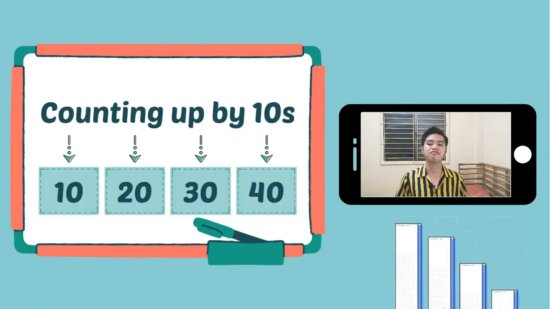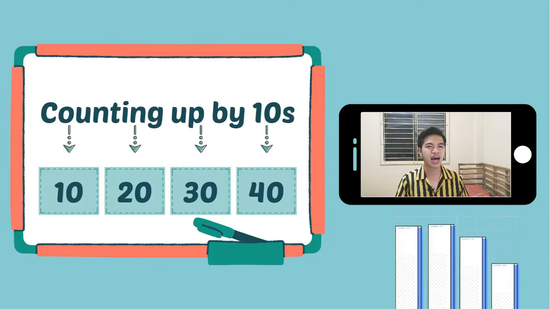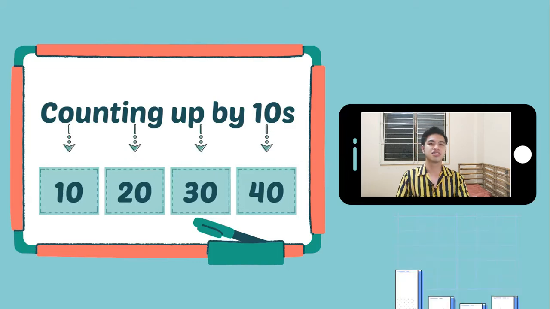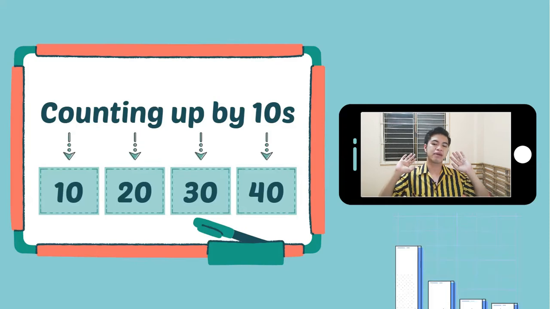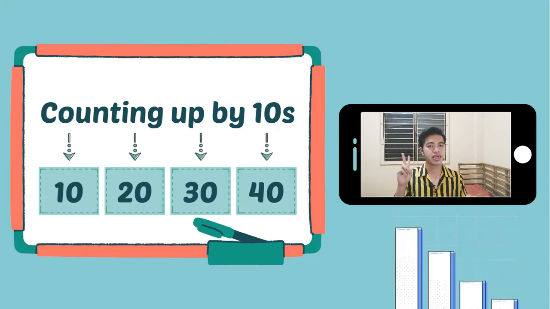So here we have 10, 20, 30, and 40. Why do we have the following numbers? It is because we're going to count up by 10. Since we have the first number 10, we're going to add 10 to it. So 10 plus 10 will be 20.